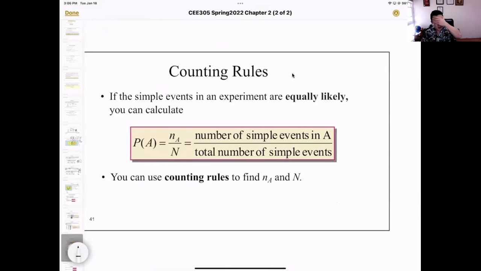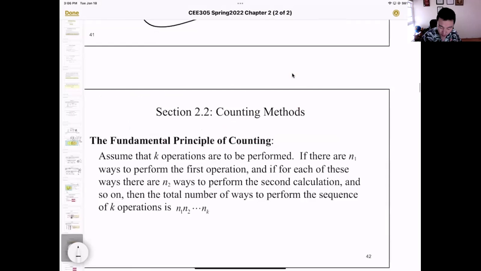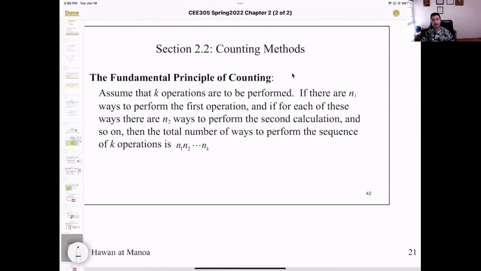If simple events in an experiment are equally likely, like the M&M candy, tossing a coin, or a die, then we can use this equation: P(A) is equal to the number of simple events in A over the total number of simple events.